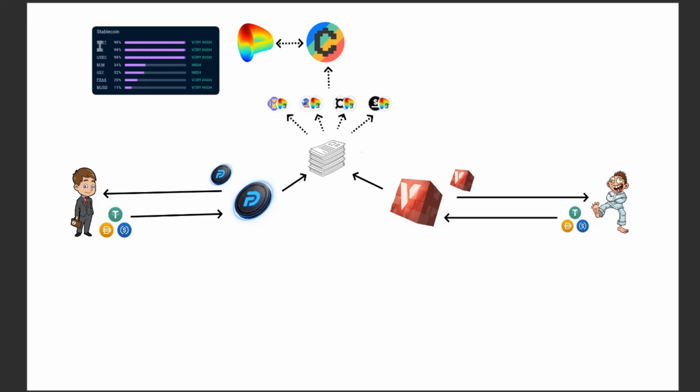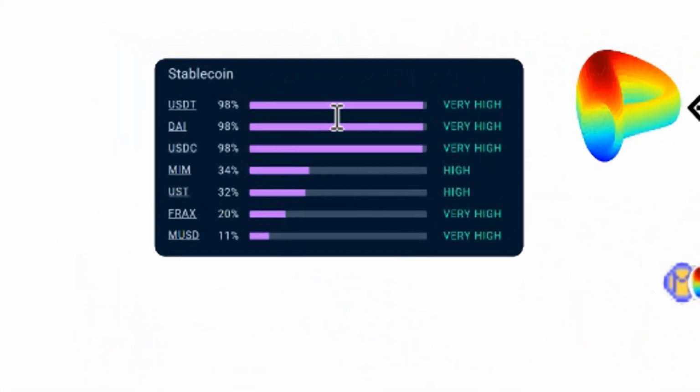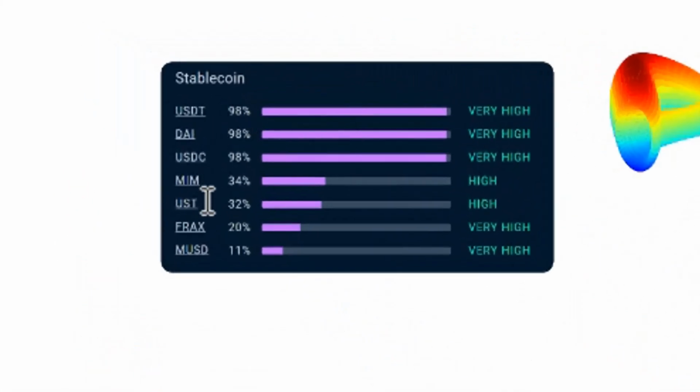As you can see, they measure the exposure of individual stablecoins, and for ones that are considered higher risk, risk versus yield, they try to reduce the exposure to those specific tokens. Basically they consider USDT, USDC, and DAI as much safer than these other ones, and they expose themselves more to these as well.